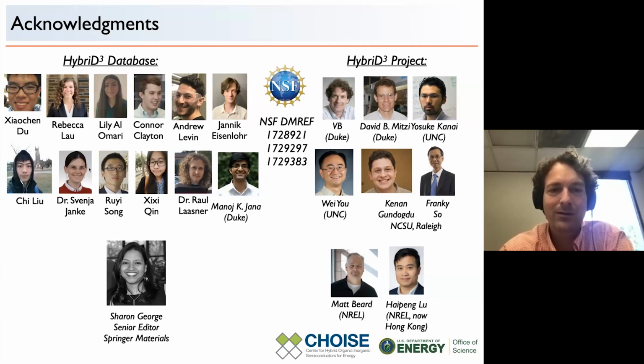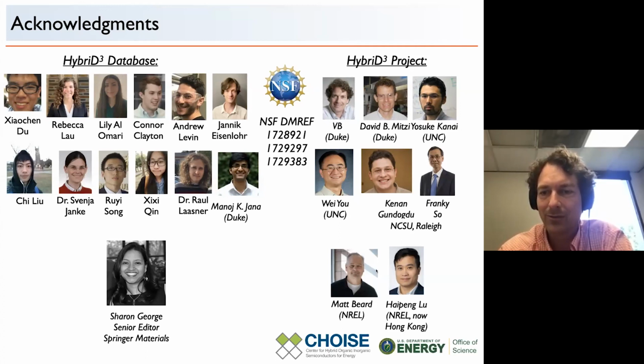So in my group alone, probably the most important one is Raoul Lasner, who did a lot of the infrastructure programming at the base of this. Manoj Jana is actually an experimental scientist and quite established in his own right. He comes from David Mitzi's group. And so this brings me to the overall project, which is focused on science of hybrid perovskites, which brings together 6 PIs from institutions here in the research triangle near Duke University, also UNC and NC State University.